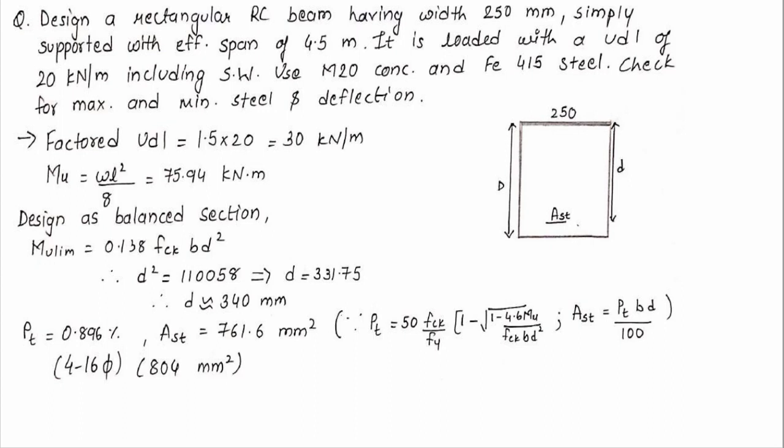As the width of the beam is given and the beam is stated to be simply supported of span 4.5, the first thing that we need to do is to find the moment, that is Mu. Why? Because a load is mentioned, and as the load is given, moment is not given.